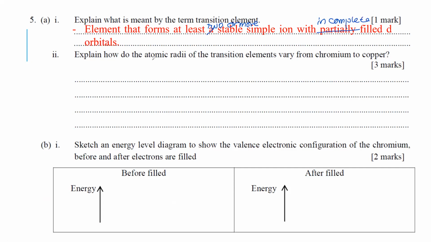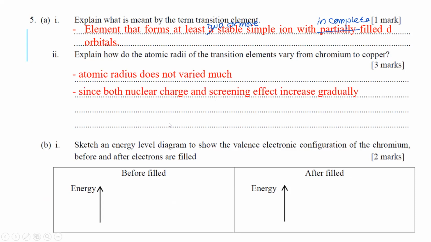Then number 2, explain how the atomic radii of the transition elements vary from chromium to copper. The atomic radius does not vary much. Why? Because both nuclear charge and screening effect increase gradually, due to the effective shielding by the inner 3d orbitals.